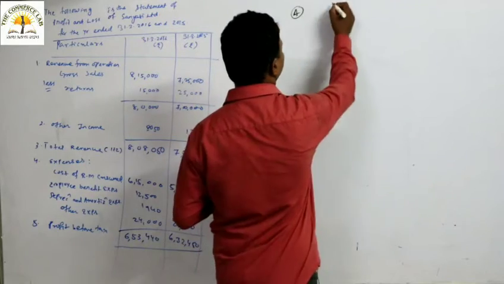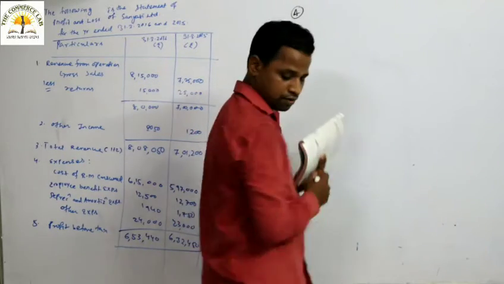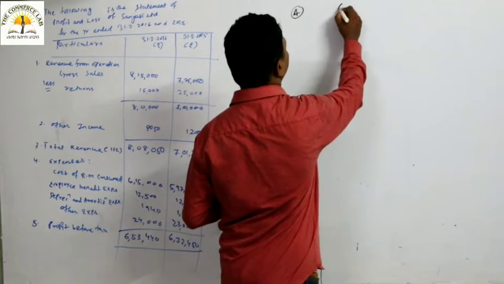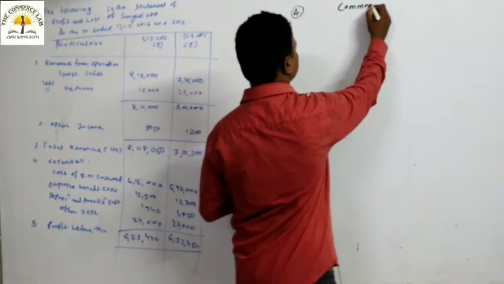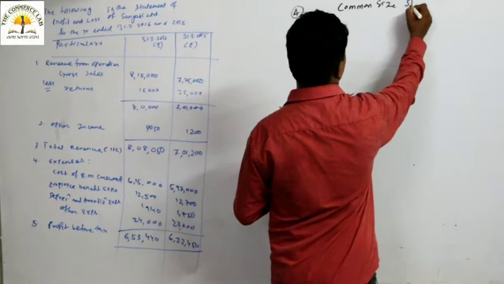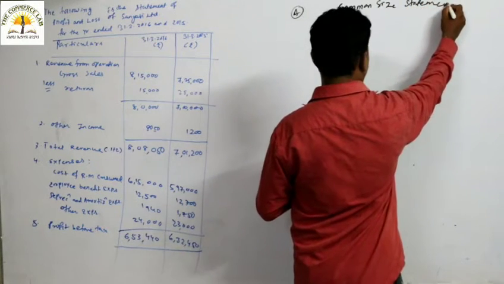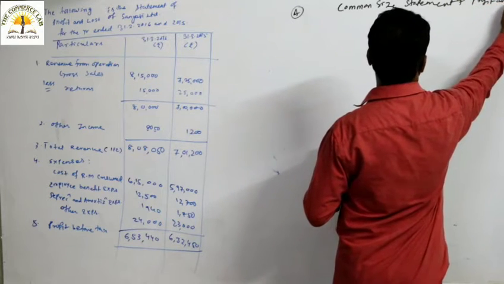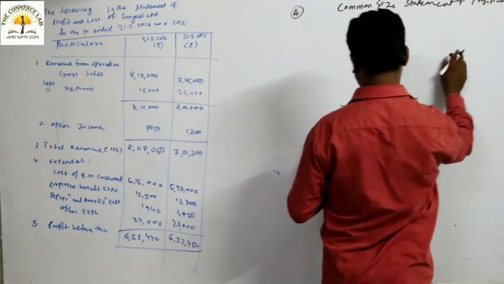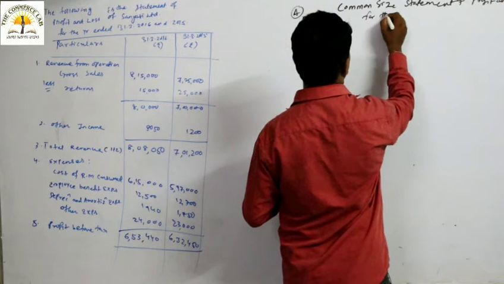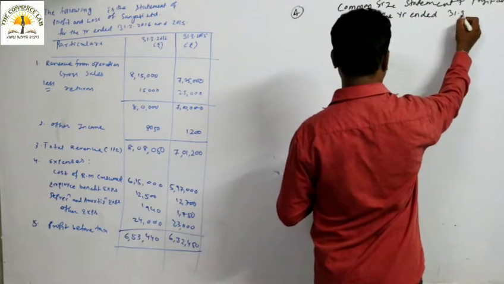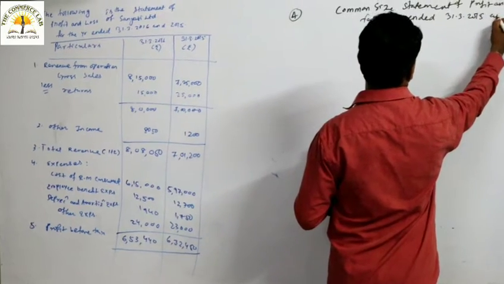So common size, you have to write at the top, that is common size statement of profit and loss, okay, for the year ended 31st March 2015 and 2016.